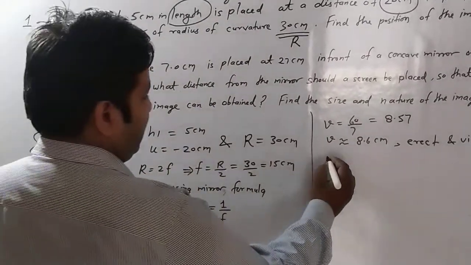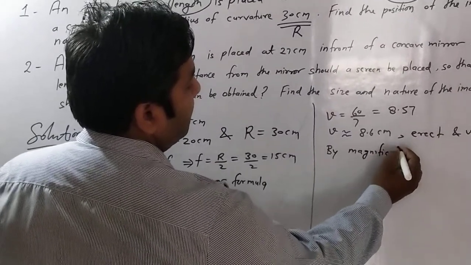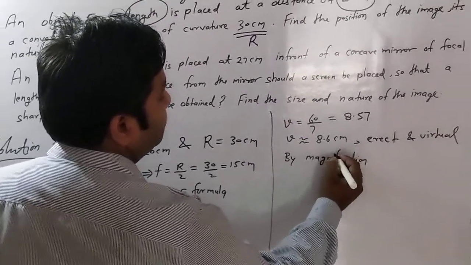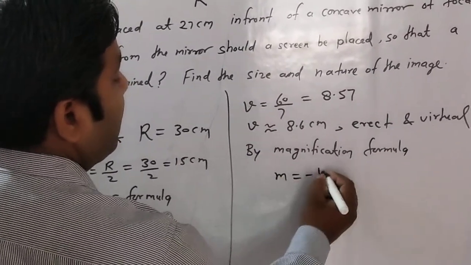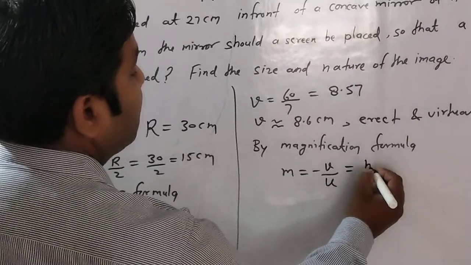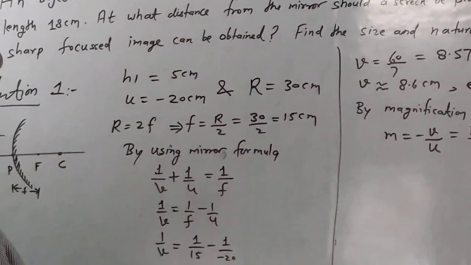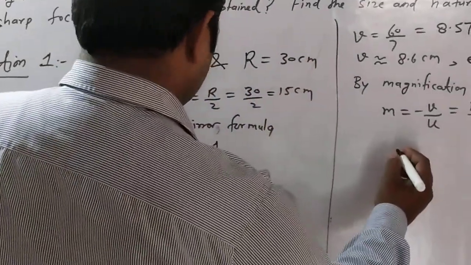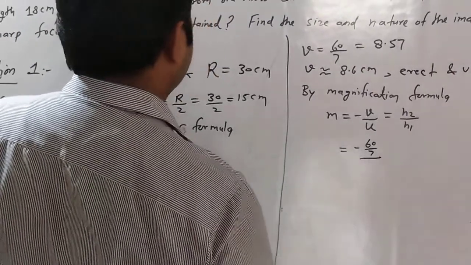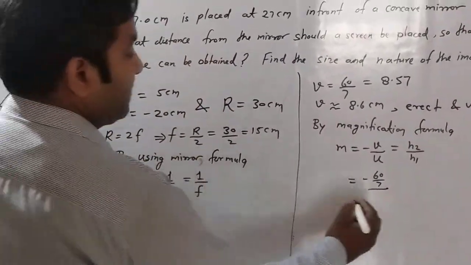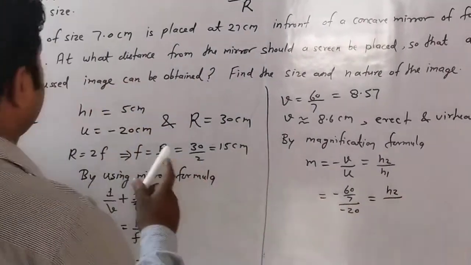Then by the magnification formula, m is equal to minus v upon u, which is equal to h2 upon h1. The v value here is 60 upon 7, and the u value is minus 20, equal to h2 upon h1, where h1 is 5 centimeter.